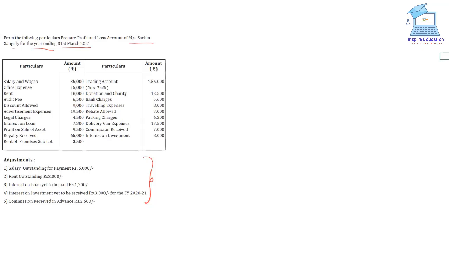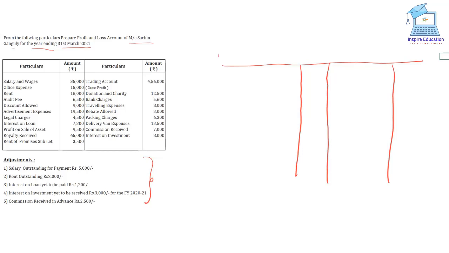So let's see. In the profit and loss account, there are two sides: one is the debit side and the other is the credit side.